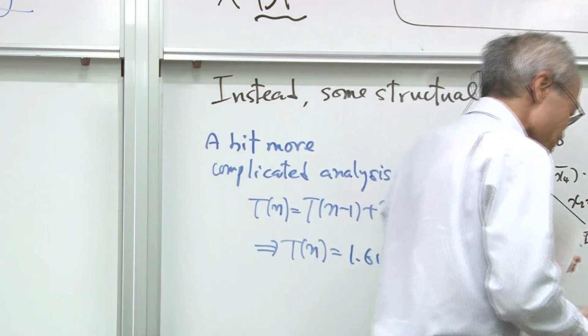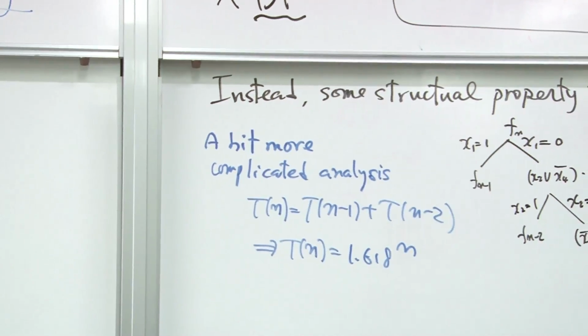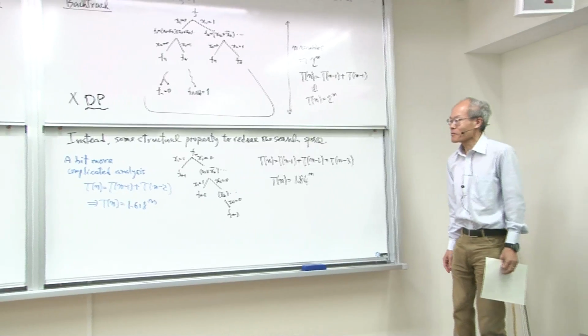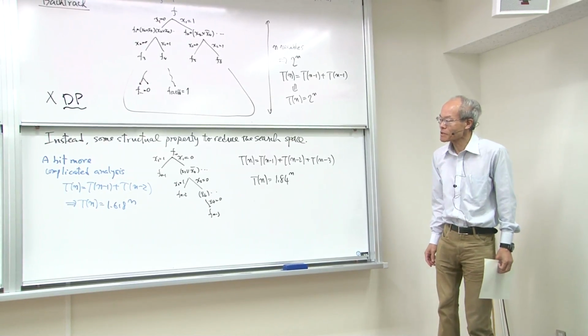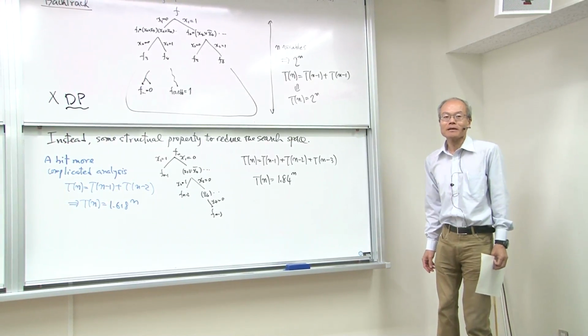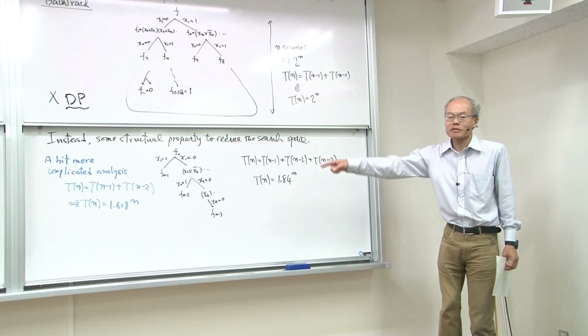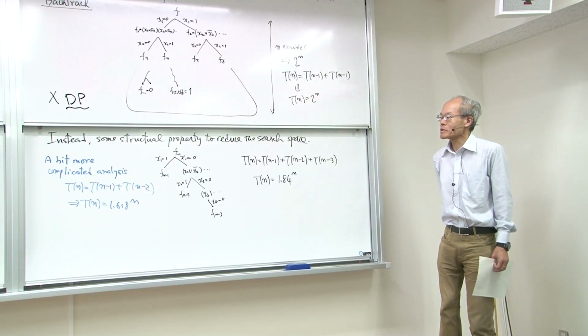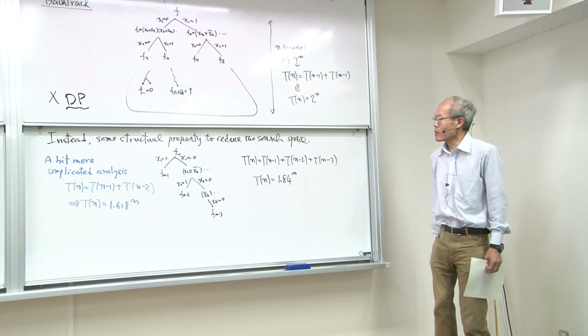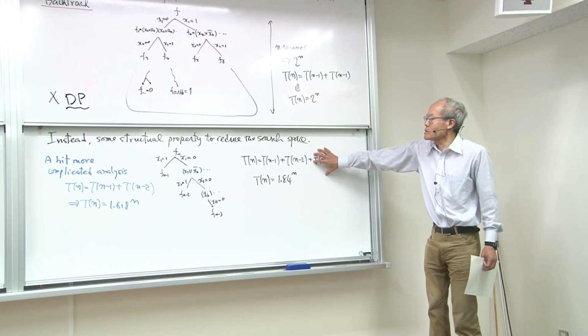Okay. I omit the details, but if you use a bit more careful analysis, then you can get much better result. 1.618 to the n. Okay, you can delete this term.